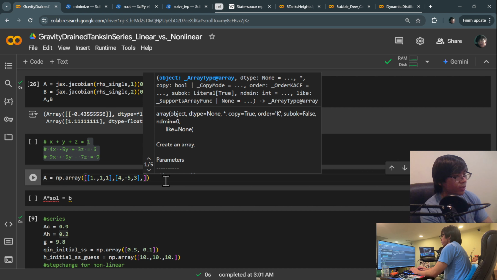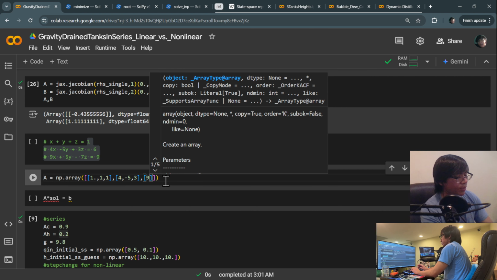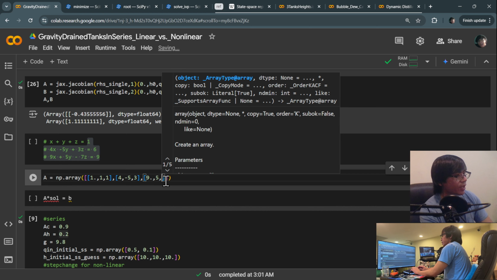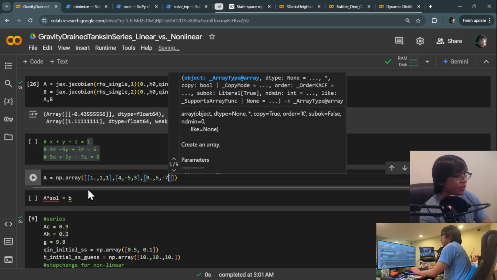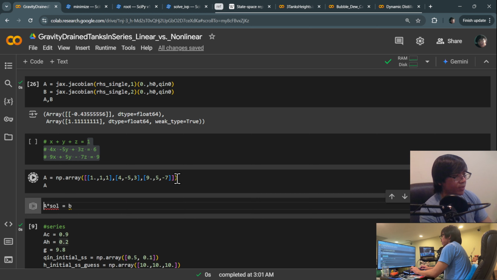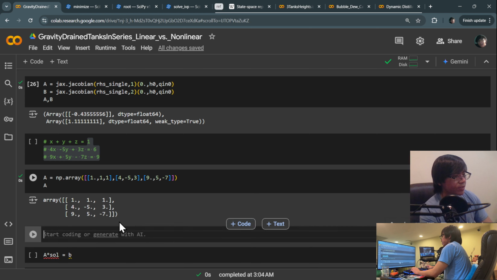And for our third equation, 9, 5, and -7. So 1, 1, 1, 4, -5, 3, 9, 5, -7. Okay, so shift enter on that, look at that. So that's our 3 by 3.